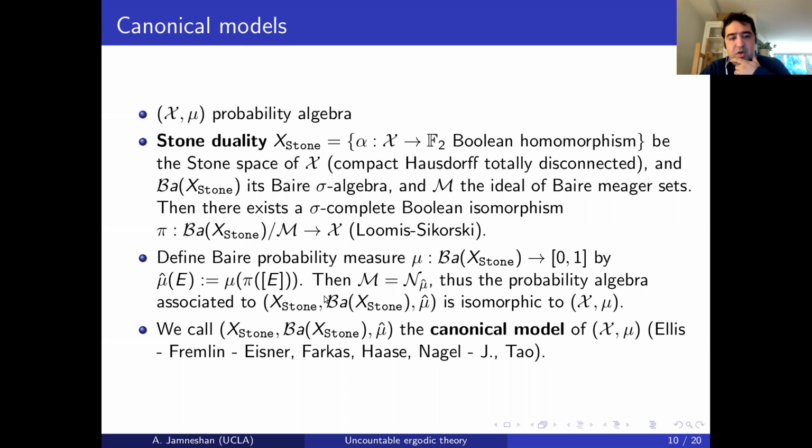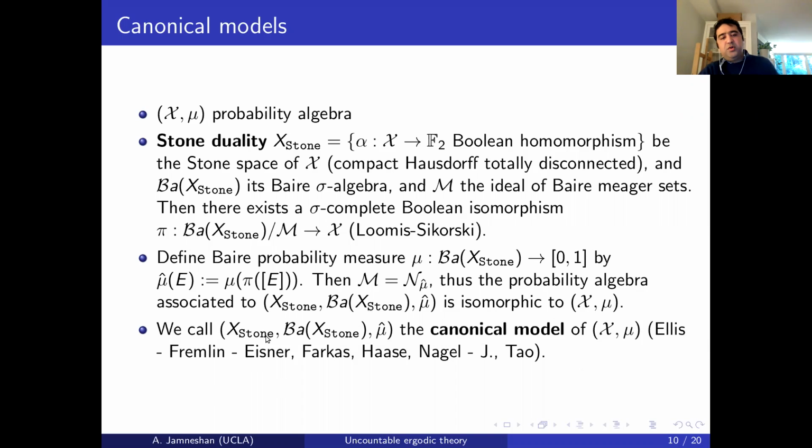So we call this Stone space, sometimes also called the Stone model, the canonical model. And it has been used already in dynamics before. There is a very nice paper of Ellis where he uses this to relate some ergodic theory to topological dynamics.